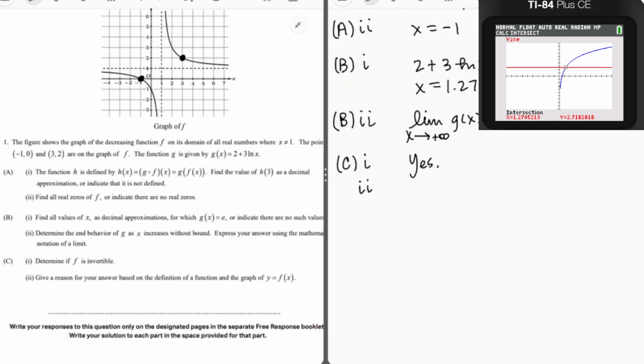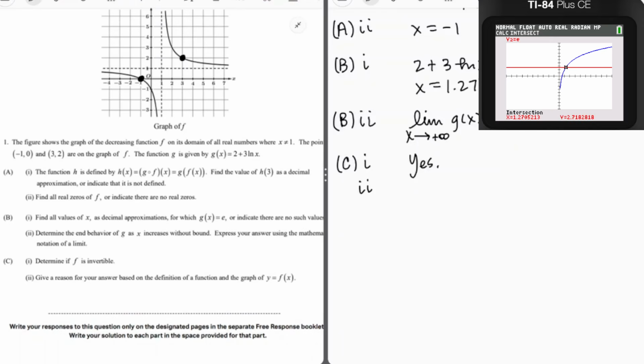One reason, based on the definition of a function in the graph of y equals f of x. I was going to say because f is strictly decreasing on its domain, a function that's monotone is going to be invertible.